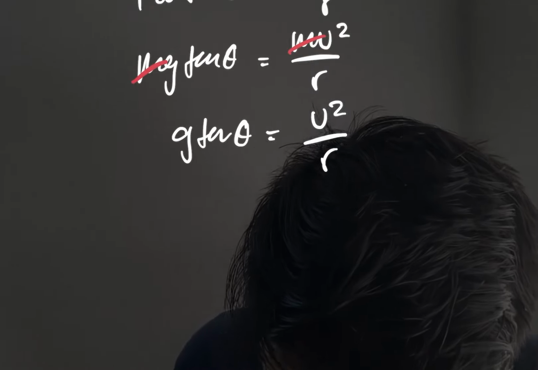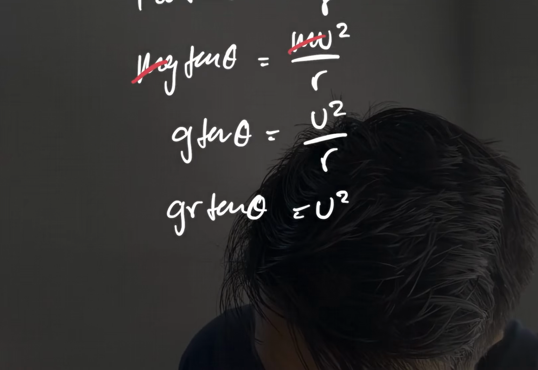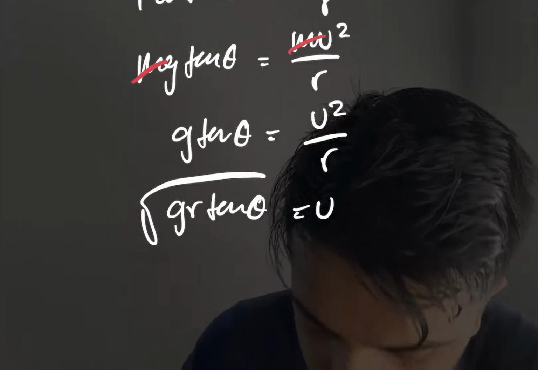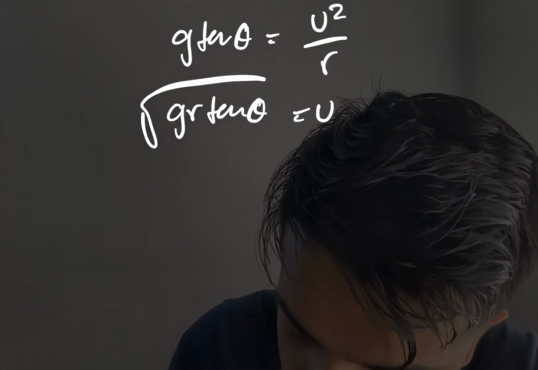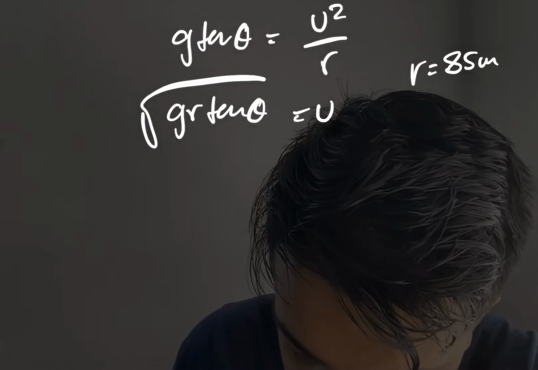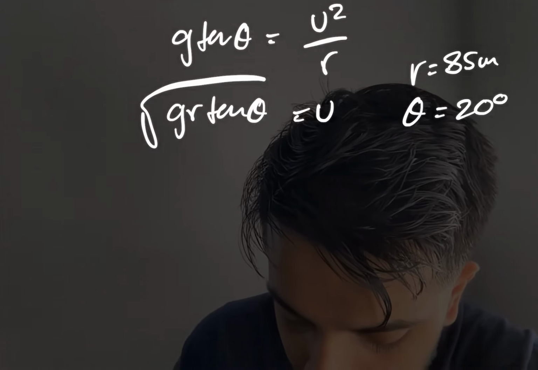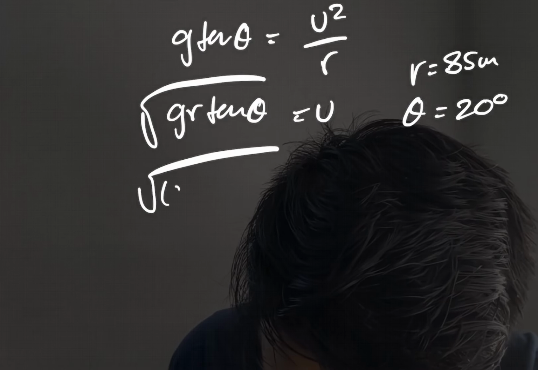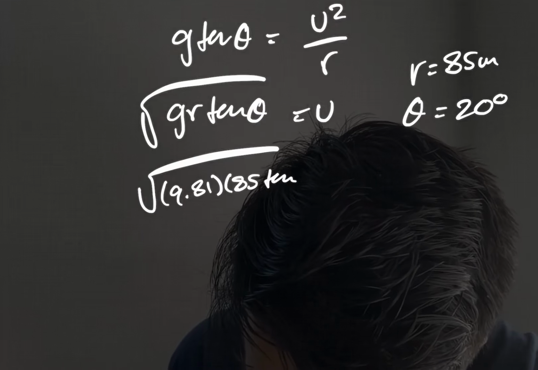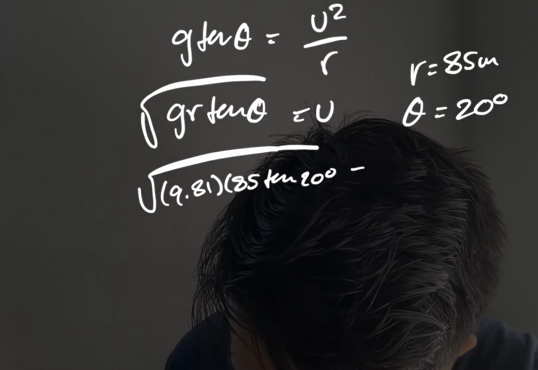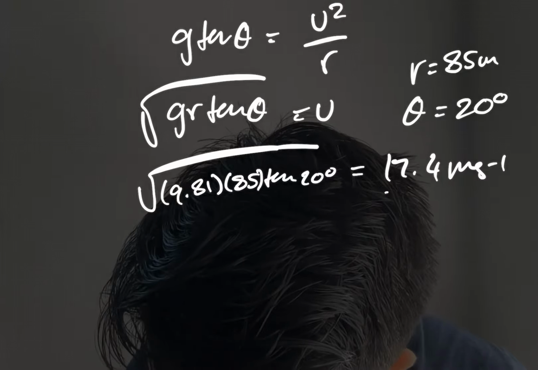And therefore, gr tan theta is equal to v squared, meaning that the square root of gr tan theta is equal to the velocity. Now we know our radius is equal to 85 meters, and our theta is equal to 20 degrees. And so the square root of 9.81 times 85 times tan 20 degrees is equal to 17.4 meters per second. There we go.